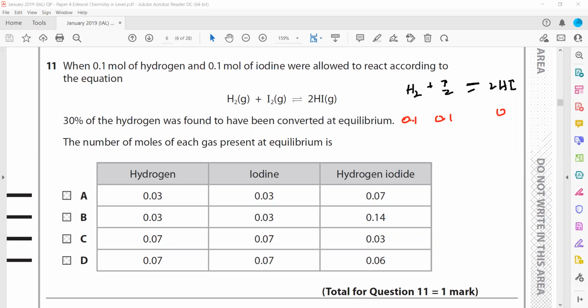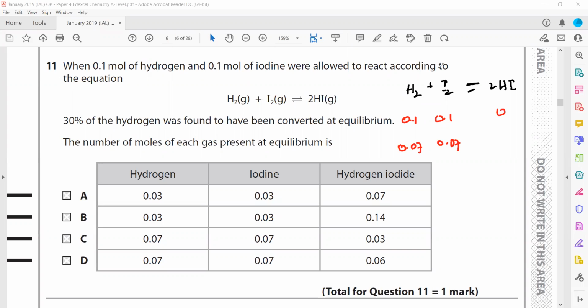So I will take 30% of 0.1 and subtract. So 30% of this will be 0.03. And 0.1 minus 0.03, we don't write how many converted, we write how many left. So 0.07 will be left. And because the ratio is 1:1, the same number will react, so the same number will be left.